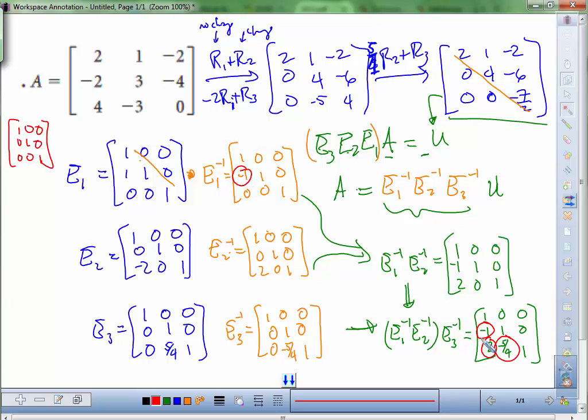In that spot, we got a -1. In this spot, we got a +2. And in this spot, we got a -5/4. We essentially filled in those places where we would have had zeros from the identity with those numbers.